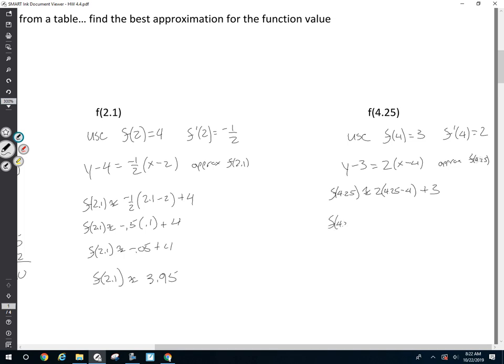So 4.25 minus 4 is 0.25, so it's approximately 2 times 0.25 plus 3. In this case, it's probably easiest to change this into a fourth. Not necessarily in this case, but we see it's 1/2 plus 3, so 3.5. 6/2, 7/2, or 3.5.